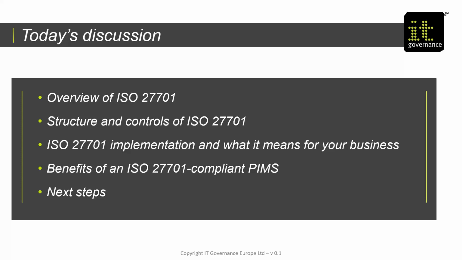And we will consider some of the main benefits to your organisation and your clients by having an ISO 27701 compliant PIMS in place. Finally, we conclude by looking at the next steps that you can take in order to implement PIMS into the ISMS within your organisation. Remember, ISMS stands for Information Security Management System.